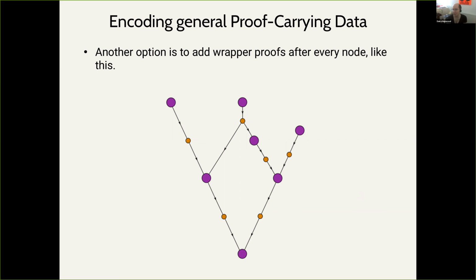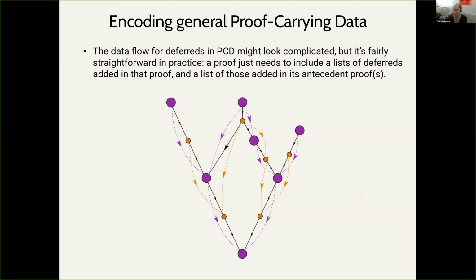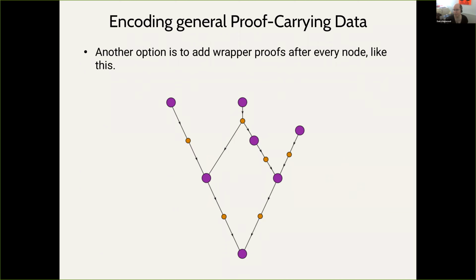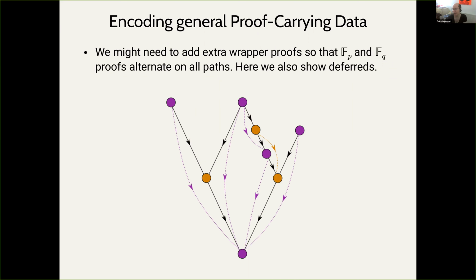And that might be more convenient for some protocols. And there it is with adding the deferreds. It looks complicated, but in practice, it's not too hard to implement. Okay, so I'll stop there and see whether anyone has any questions.